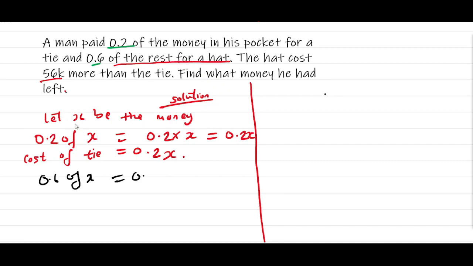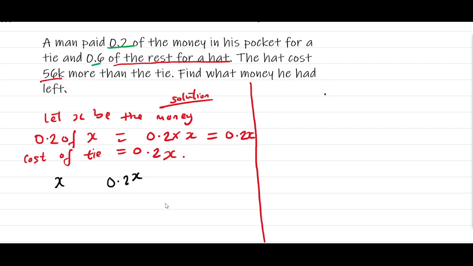Notice that if the man had x naira in his pocket and he has spent 0.2x of it for the tie, then the amount he has left is the amount he had before minus the amount he spent on the tie. So this is the amount he had left and we're going to make use of it.